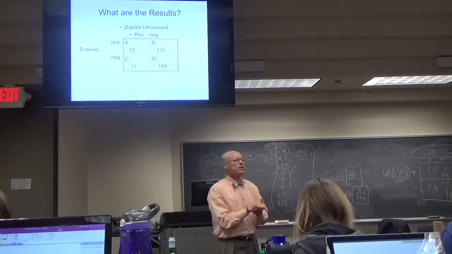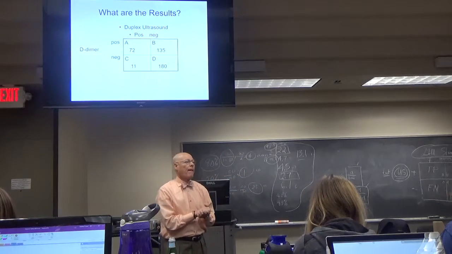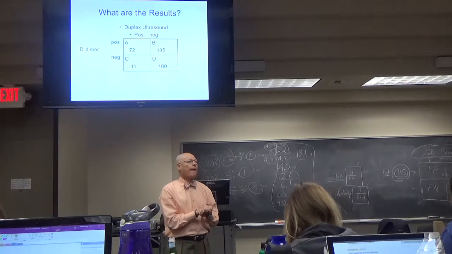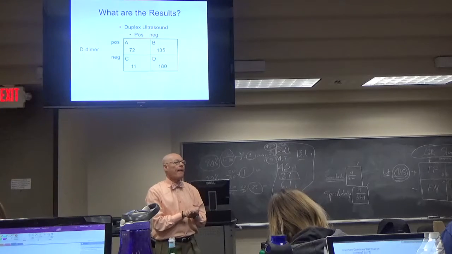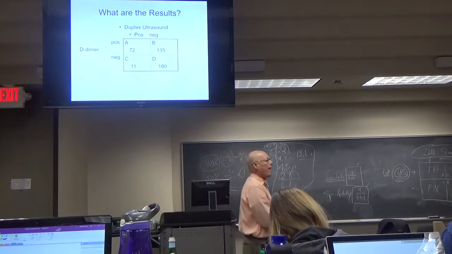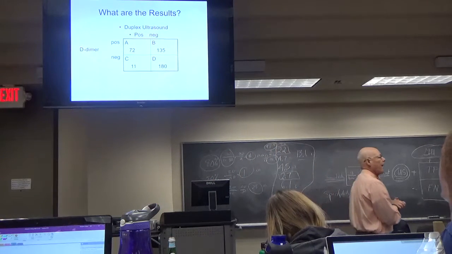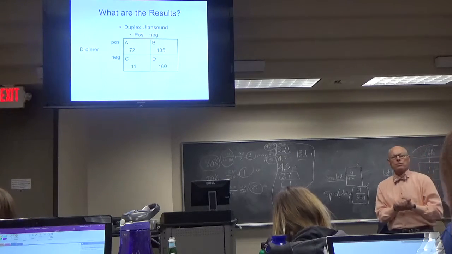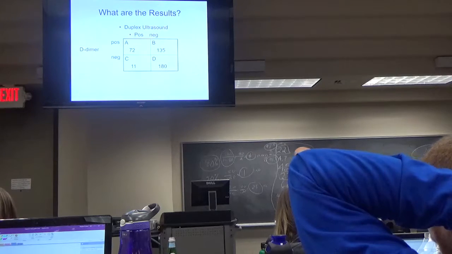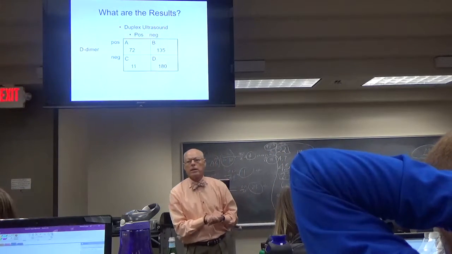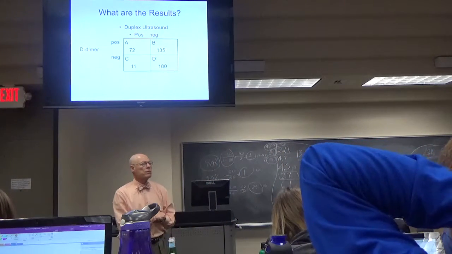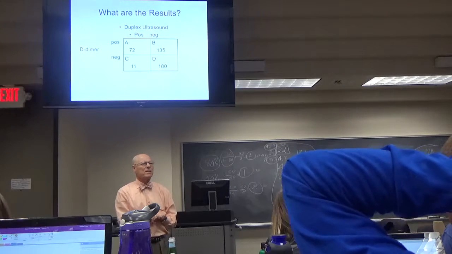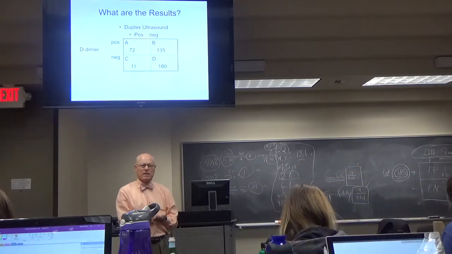What's the likelihood ratio negative for the D-dimer? Did everyone get 2? 0.87 divided by 0.13. It's 2. It doesn't seem right to me. Is it right?